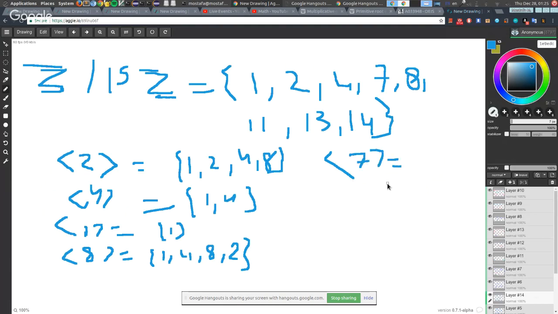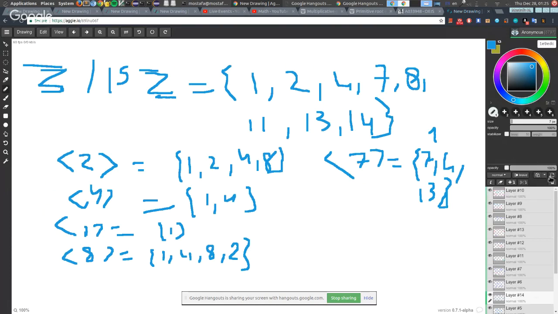So the 7 will generate 7, and then 7 squared is 49, which is 4. And then this times 7 would be 28, which is 13. And then you get 1. We can keep going. It will always be of size either 1 or 2 or 4.